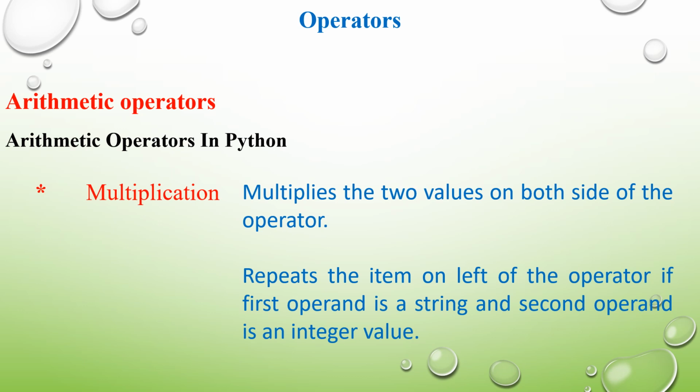Third arithmetic operator is asterisk, that is the multiplication. It multiplies the two values on both sides of the operator. Another extra thing in Python is that this asterisk symbol repeats the item on the left of the operator if the first operand is a string and the second operand is an integer.